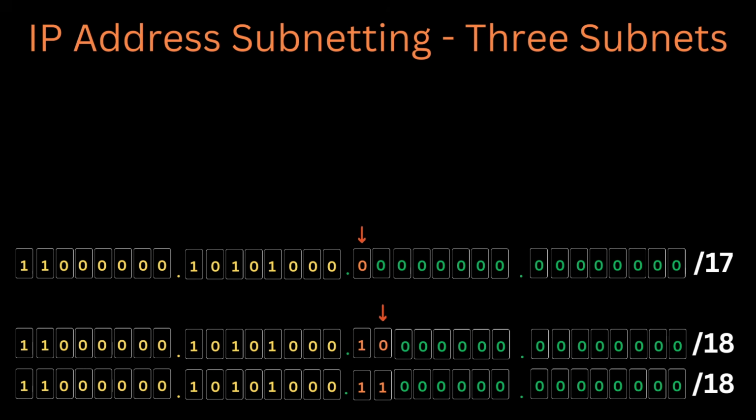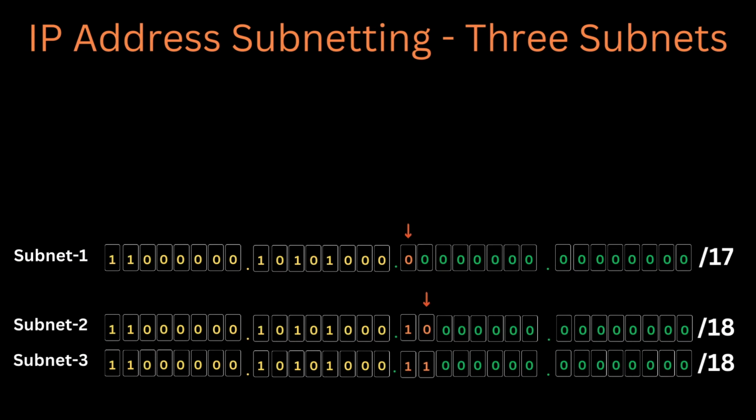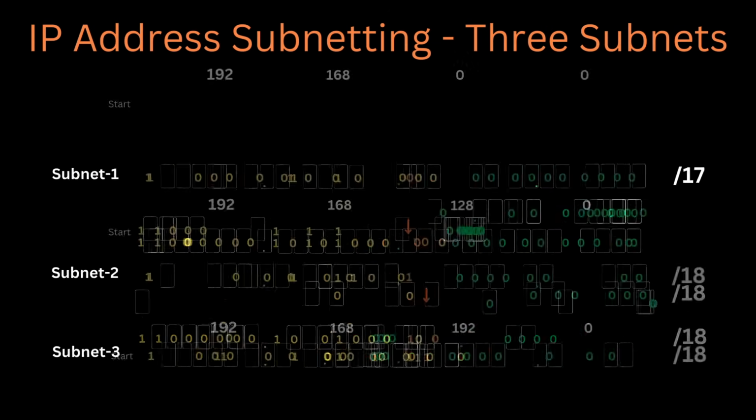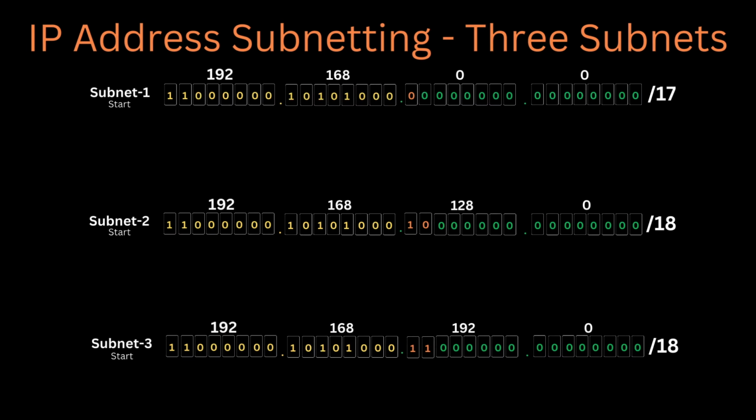Hence, the CIDR for the first subnet is /17, as it is using 16 network bits plus 1 subnet bit. And the second and the third subnet will have /18 as CIDR or subnet mask, that is 16 network bits plus 2 subnet bits. If we convert these binary to decimal, then we get our 3 subnets' start IP addresses, where we keep the host address bits to 0.